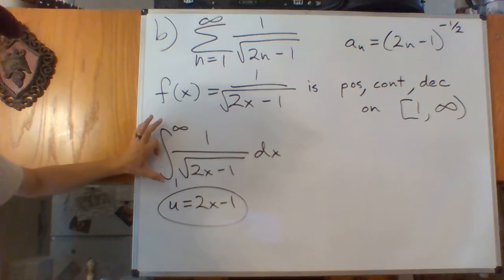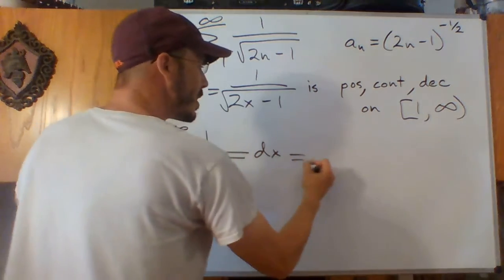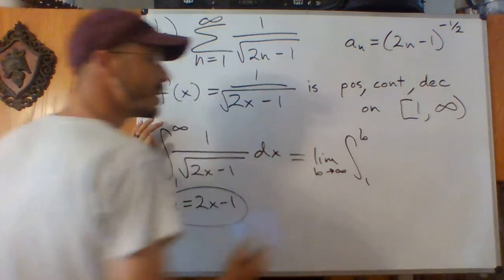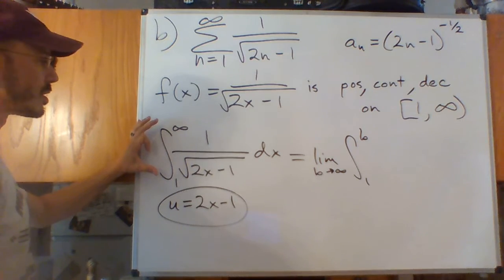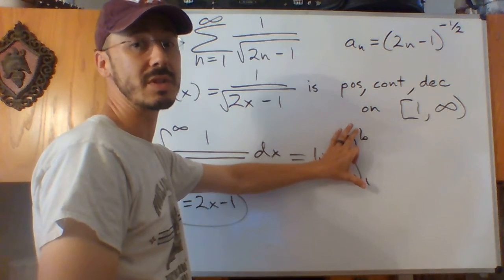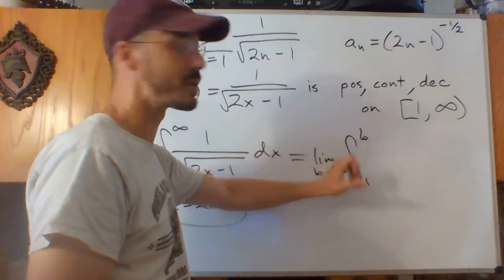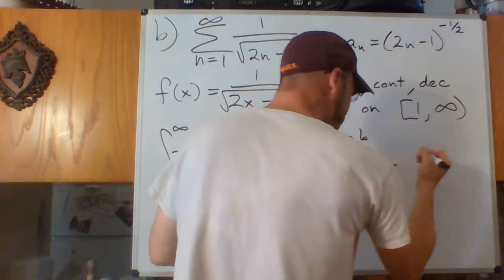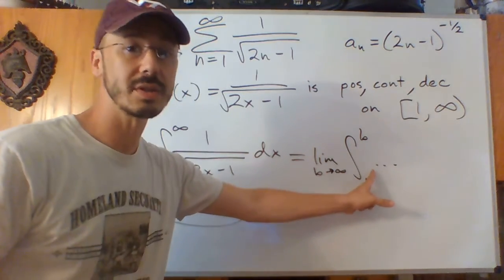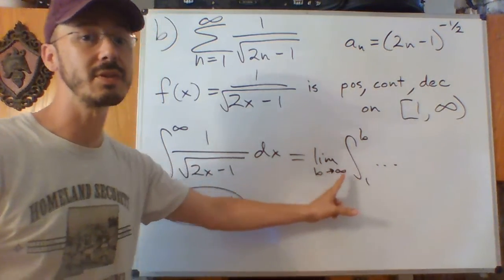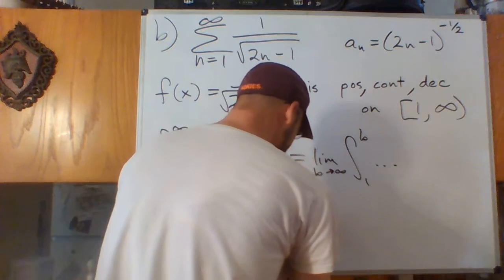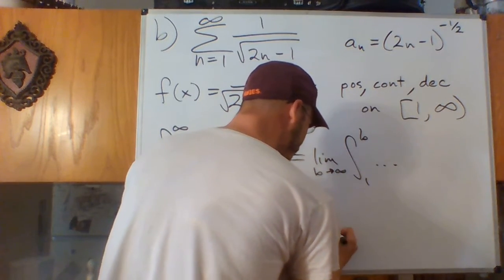And then you're also going to need to, after you write this as a limit as b goes to infinity of the integral from 1 to b, change these bounds to u values. These are x values, so you need to change them to u values. But there's more to that, of course. You've got to do the u substitution to evaluate the integral. Then you have to take the limit of that expression as b goes to infinity.